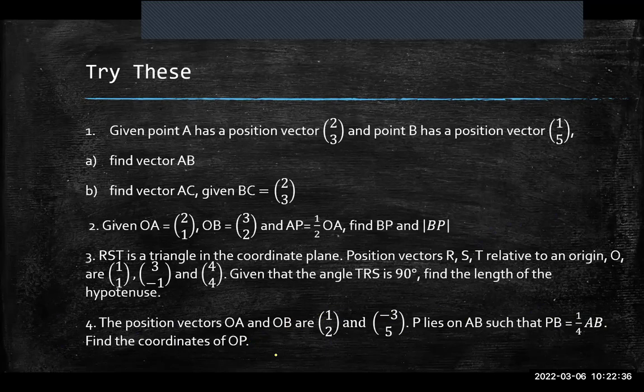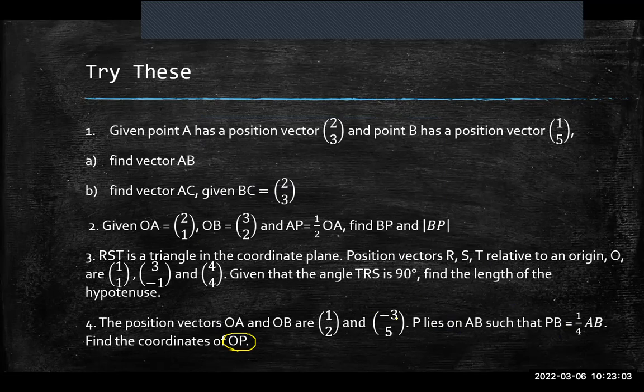They want you to find OP, but if you notice here, they gave you OA, gave you OB, and then they gave you information about PB, but they did not tell you anything about OP. That indicates that there's some type of vector addition or subtraction going on. So what does that mean?